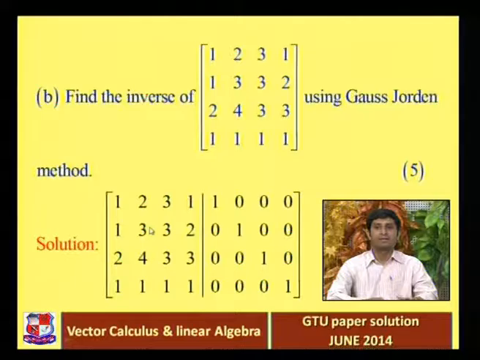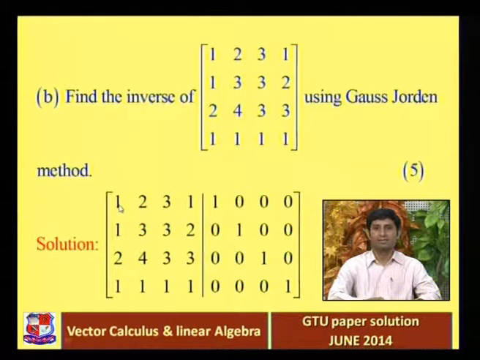So now you can understand how we do the row operations. Definitely for the identity matrix we need 1 here, and we already have 1, so we multiply the first row by -1 and add it to the second row.